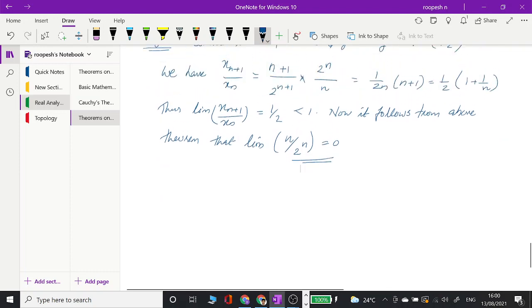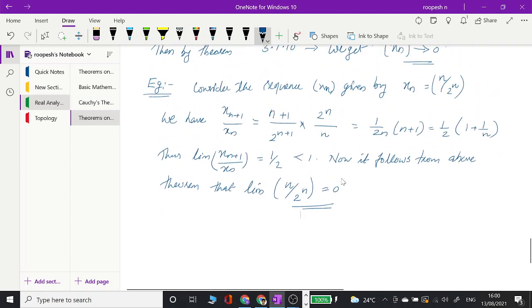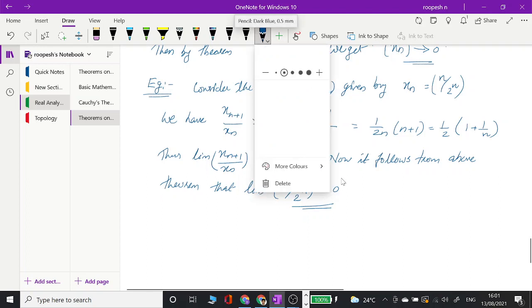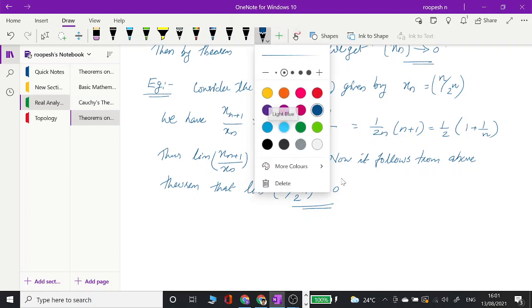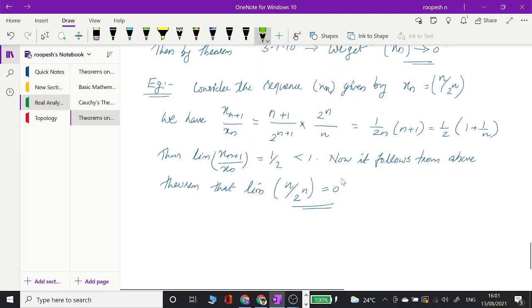See, another way of looking at this sequence is like this. You have xn equal to n by 2 raised to n, right? When n is increasing, 2 raised to n is increasing very largely.